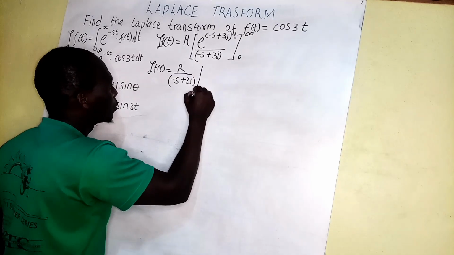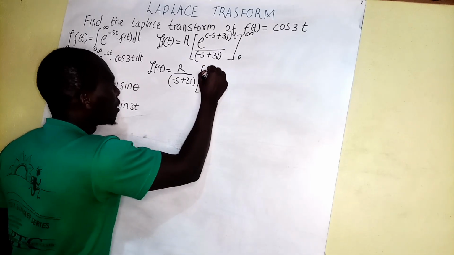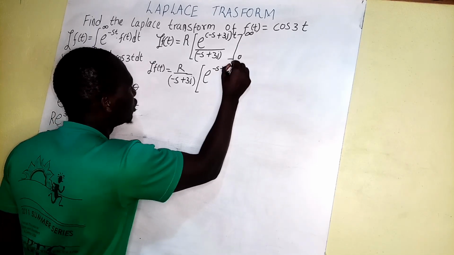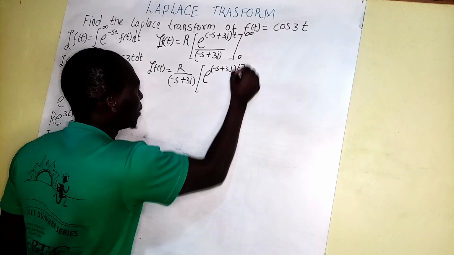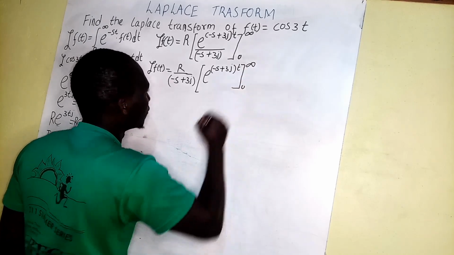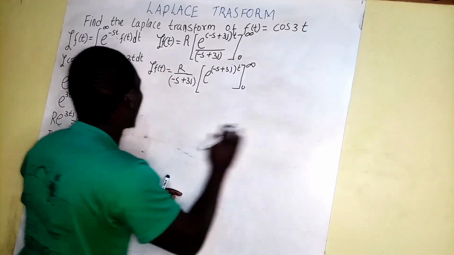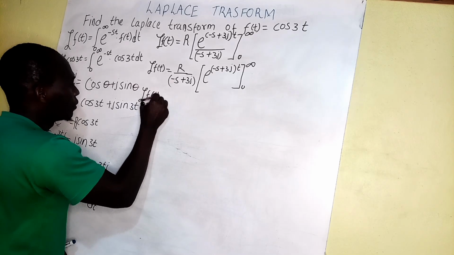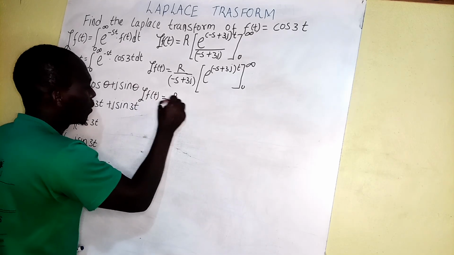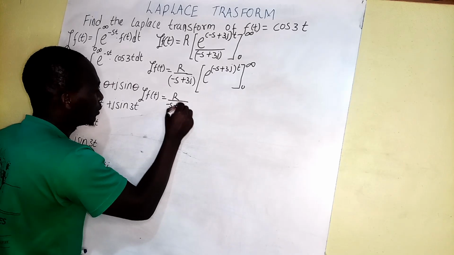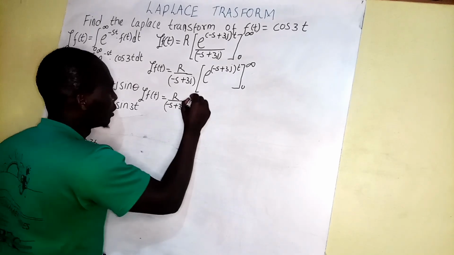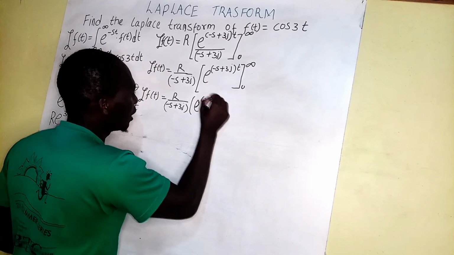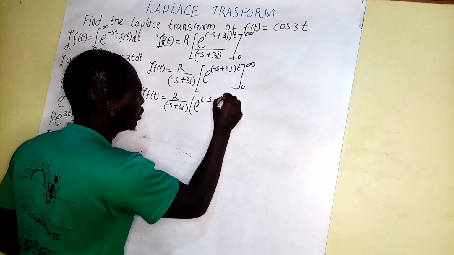and here we are going to have exponential negative s plus 3j multiplied by t, whereby now we have the Laplace transform of f(t) equal to R all over negative s plus 3j into exponential negative s plus 3j.